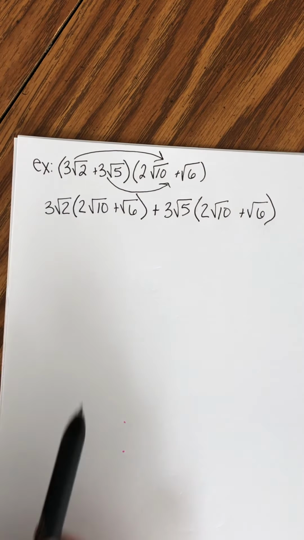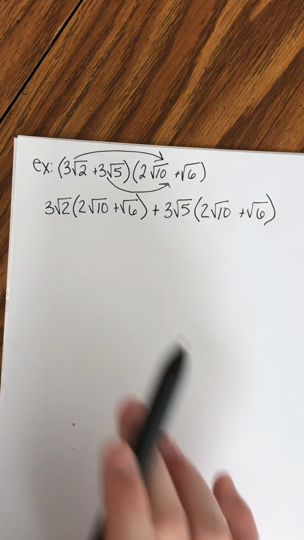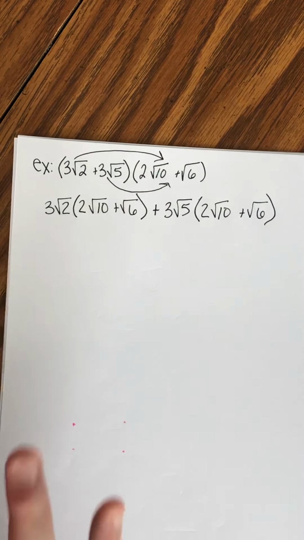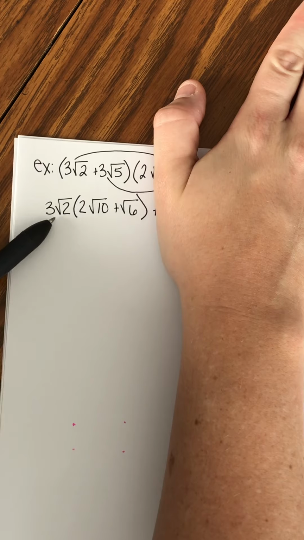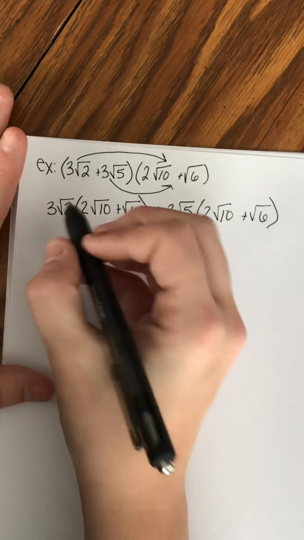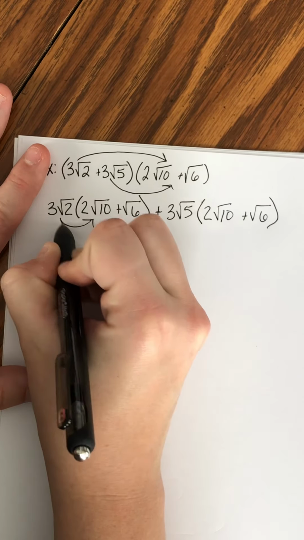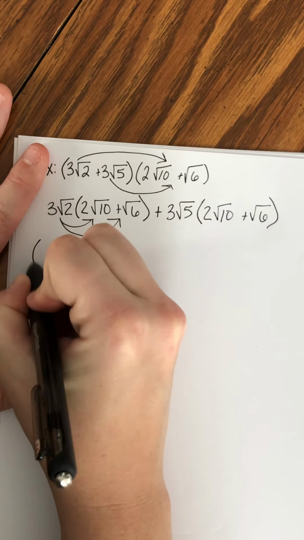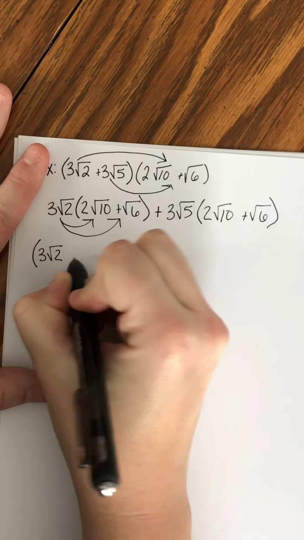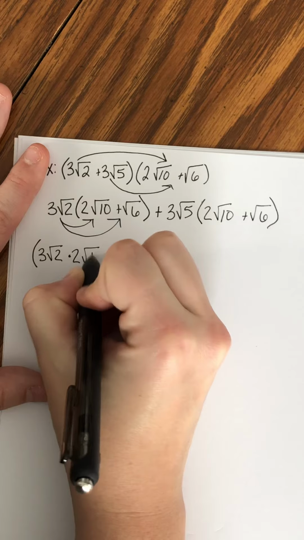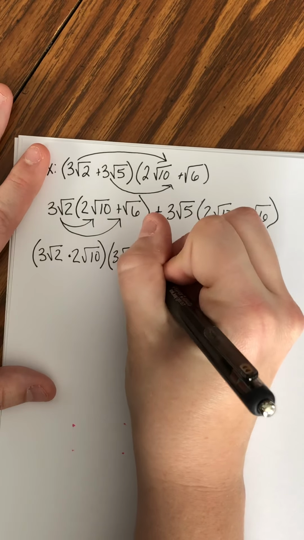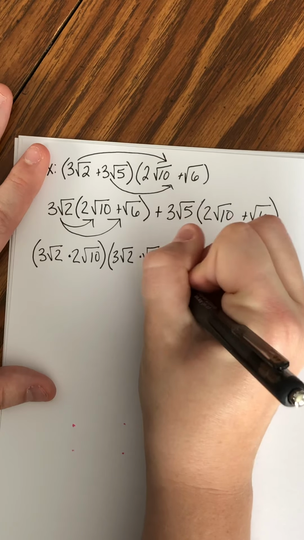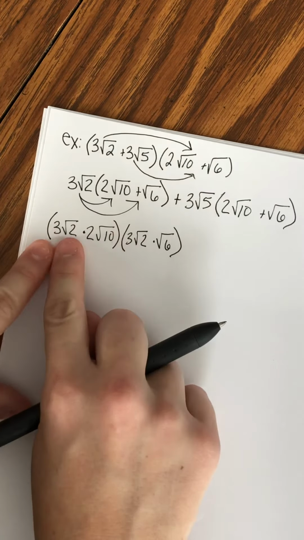Okay, so we've kind of rewritten the problem. Now you almost have two separate distributive property problems. You're gonna look at the first one, and you're gonna have to distribute 3 square root of 2 to both of these, just like we did before. So you'll have 3 square root of 2 times 2 square root of 10 multiplied by 3 square root of 2 times the square root of 6, right? Because we had to distribute that out again.